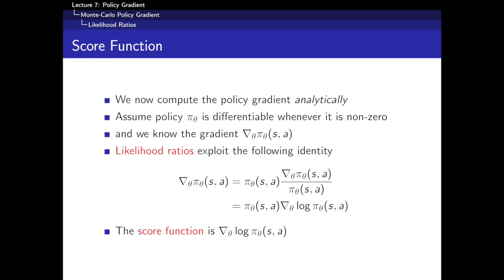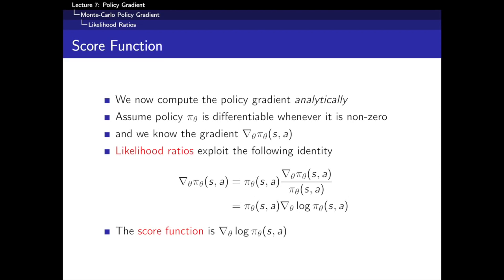It basically comes up just from this following likelihood ratio trick, where we want to take the gradient of our policy, we want to understand the policy gradient, and we're going to want to take expectations of that thing. And so the way we do that is we note that we can multiply and divide by our policy without changing it, and that this term over here on the right, the gradient of the policy divided by the policy, is equal to the gradient of the log of the policy.